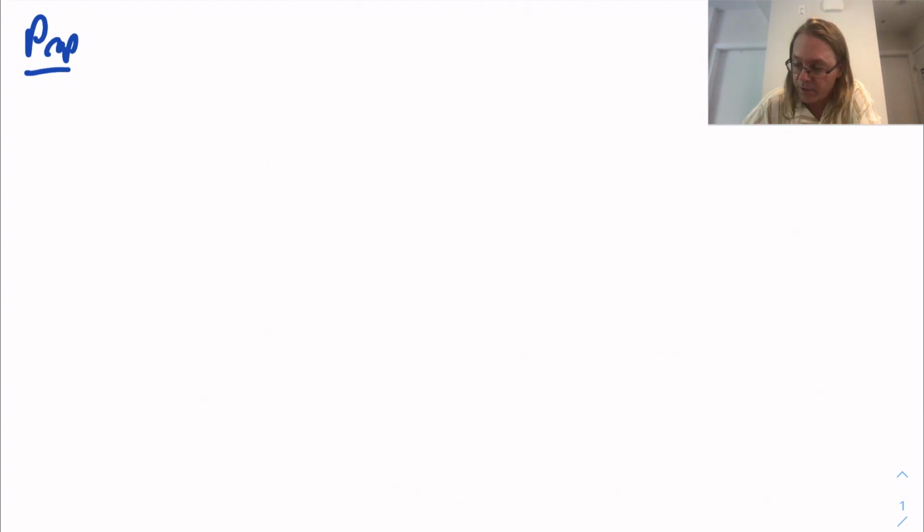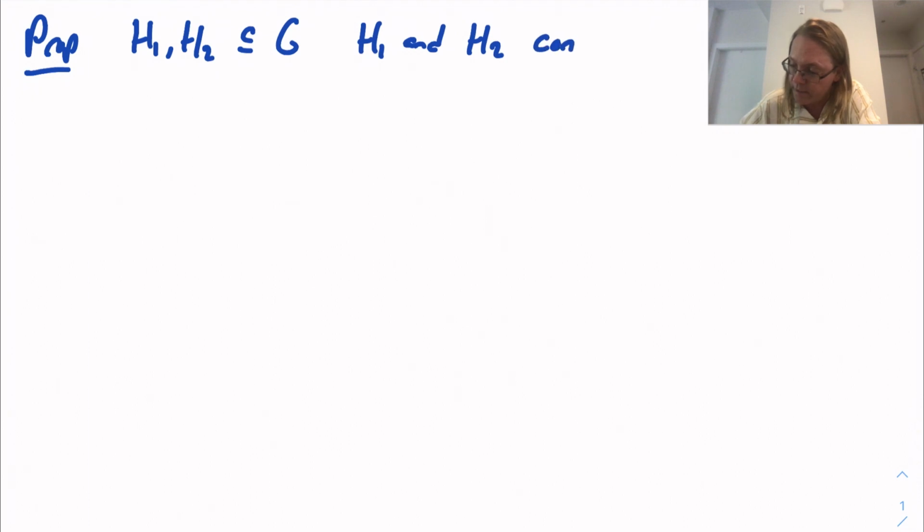So the setup here is I'm giving you two subgraphs of a graph. H1 and H2 are subgraphs of a graph G, and I'm going to promise you that H1 and H2 are both connected, and they share a vertex in common.